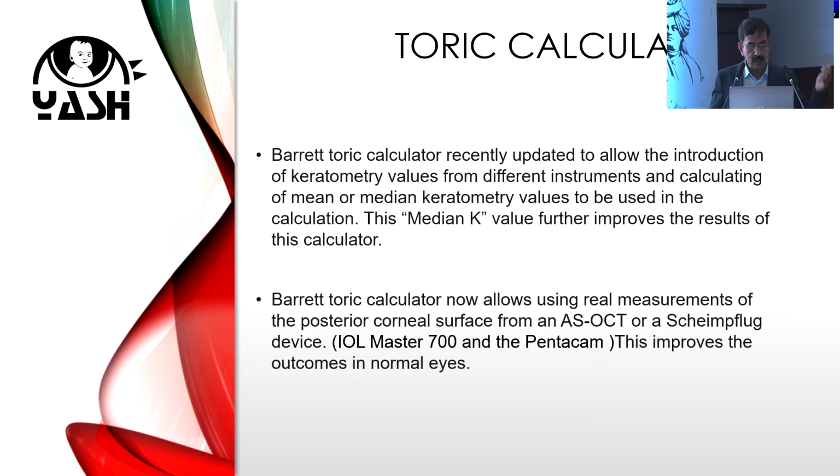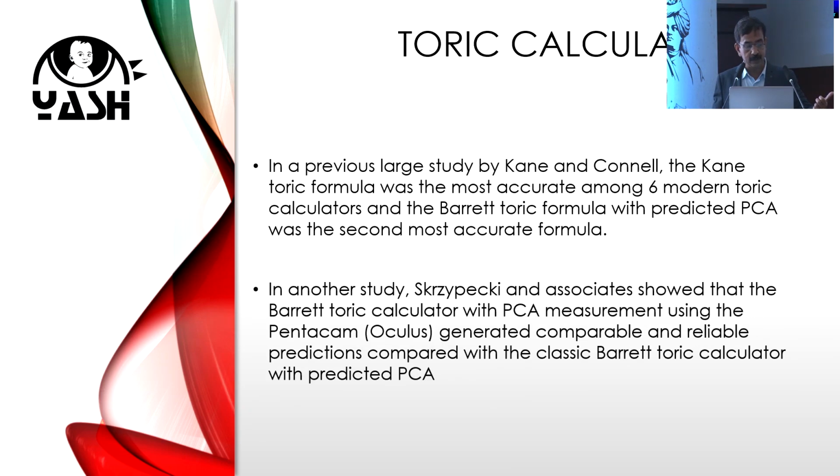Though it now allows readings to be taken from the AIOC2024 or a Scheimpflug device like IOL Master 700 and Pentacam, studies have proved that the one which gives better results is the one with predicted PCA.